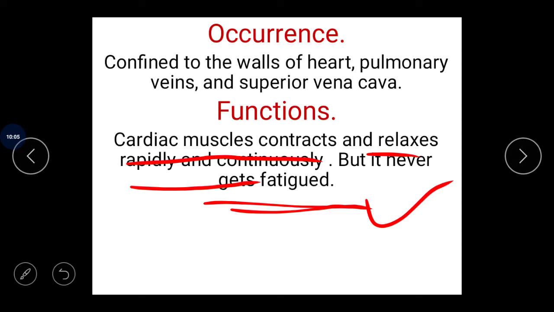like our different types of muscles, like the skeletal muscles, which work according to our will. They also show some sort of rest.